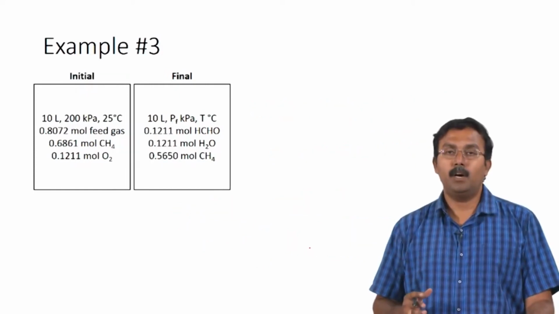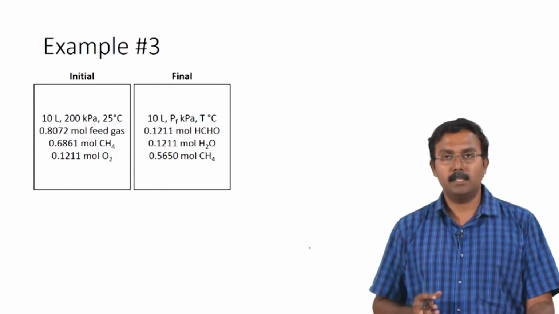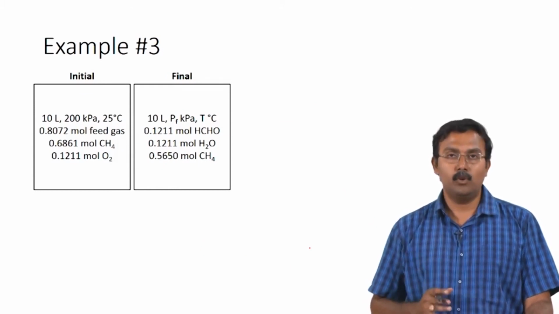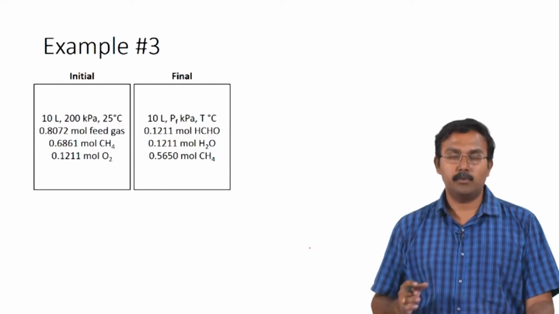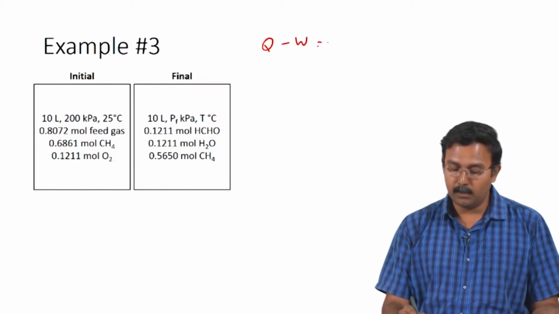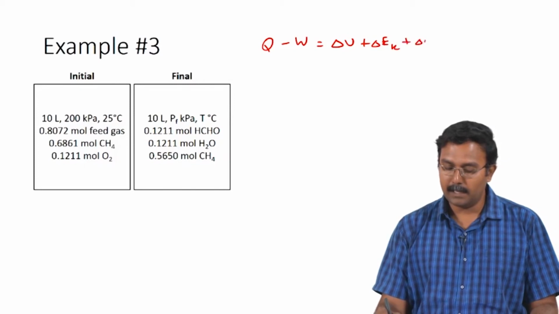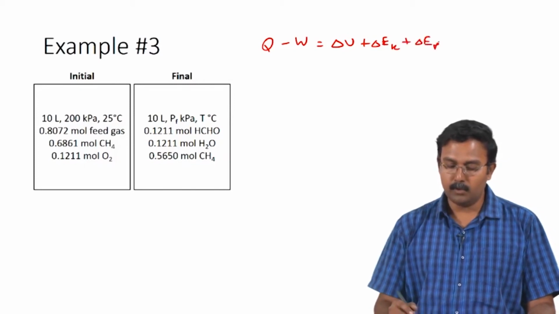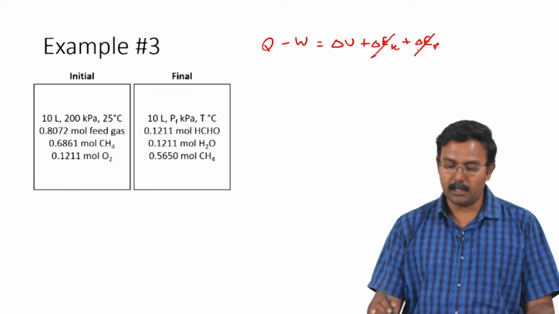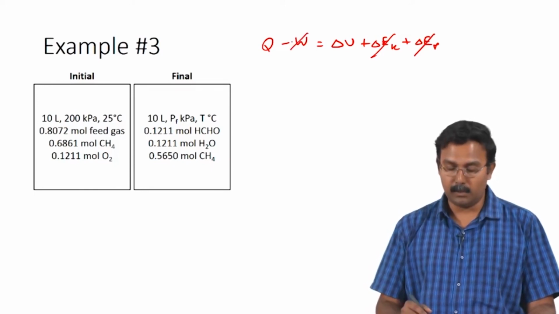Now that we have performed all the required material balances, we can start with the energy balance calculations. Here it is a closed system, unlike all the systems which we have been looking at till now. For a closed system, the equation would be Q minus W equals delta U plus delta Ek plus delta Ep. Here there is no change in kinetic and potential energy, and there are no moving parts, so you have work also equal to 0.